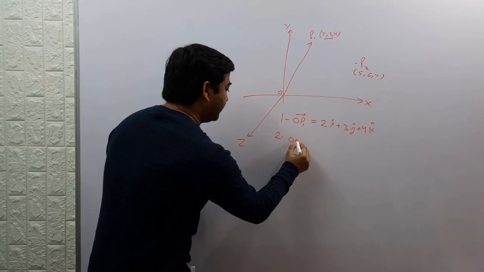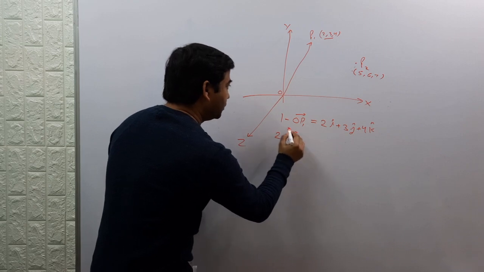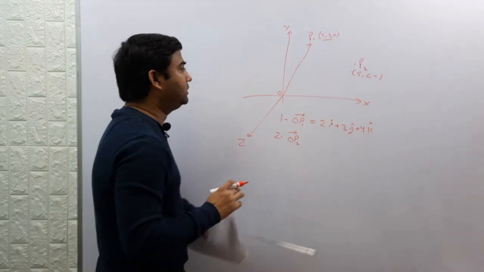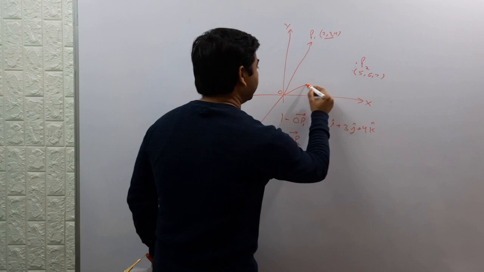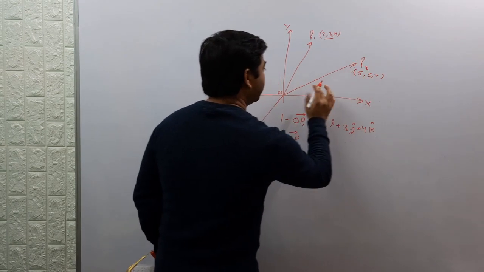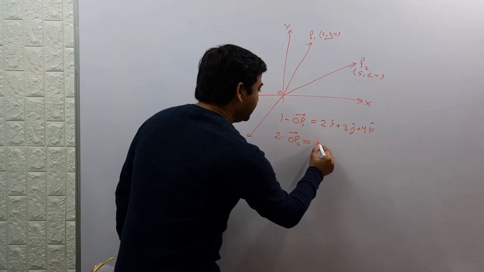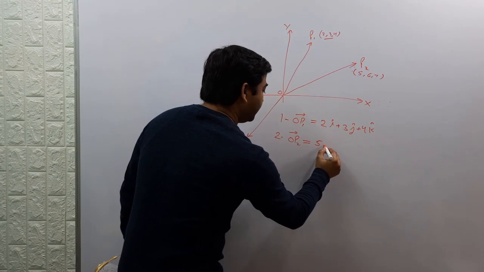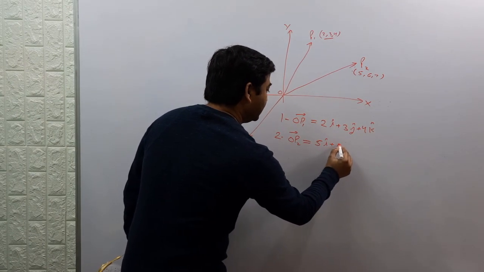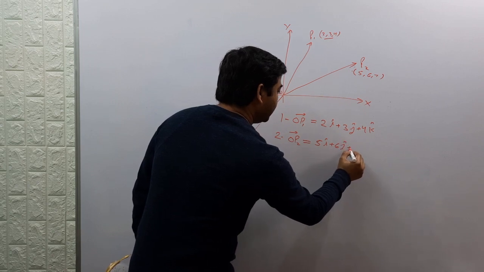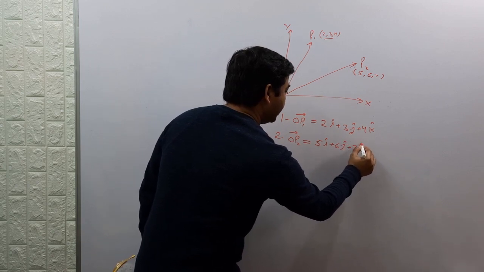Second, the position vector of point P2 is OP2, represented with this arrow, and in terms of i, j, k it is 5i plus 6j plus 7k.